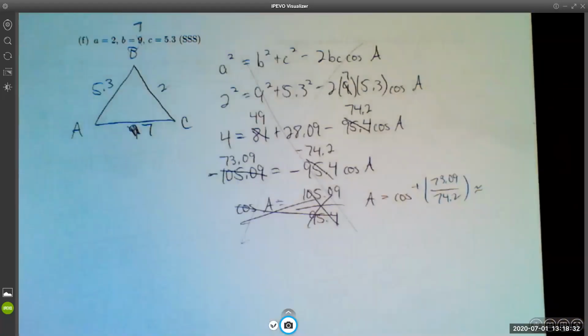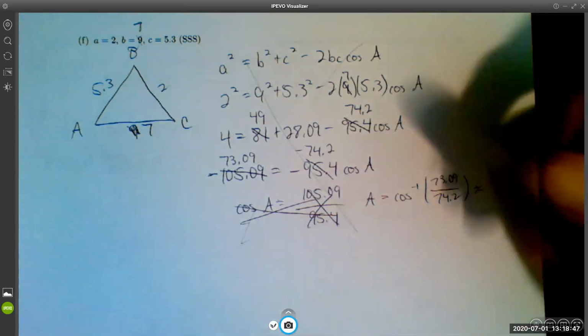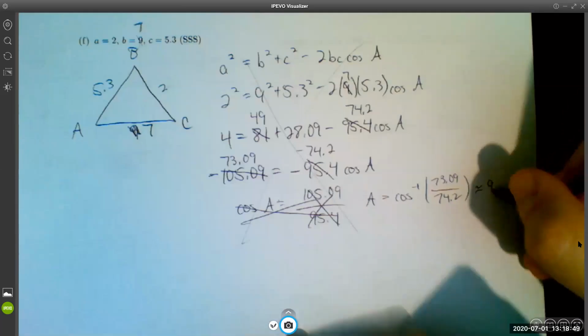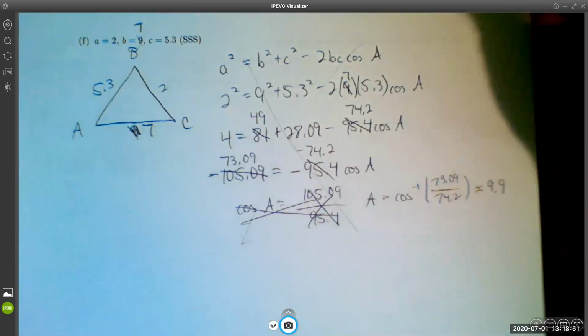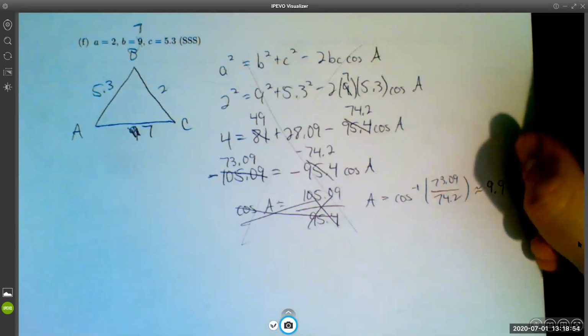Let's see about how much that is. That comes out to about 9.9 degrees, right? So that's a really small angle.